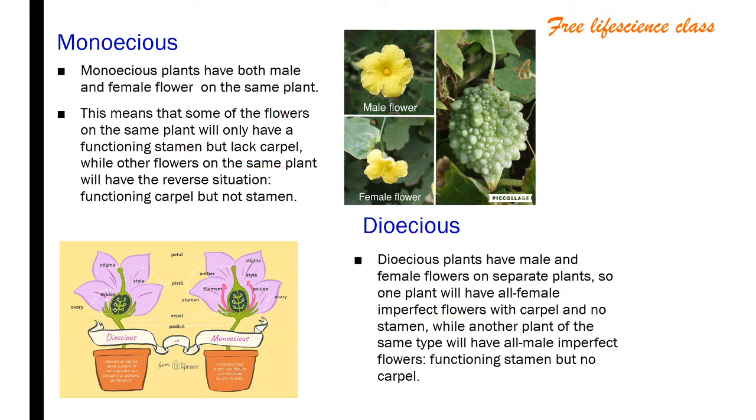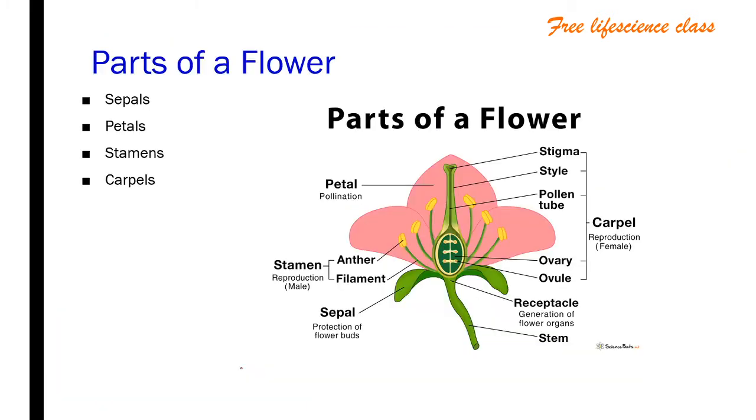Okay. Next we are moving into the next slide, that is parts of a flower. A flower consists of, this is basic, sepal, then the most colorful part, that is the petal, then this yellow part is the stamen. Stamen consists of anther and filament. These all are male reproductive parts.